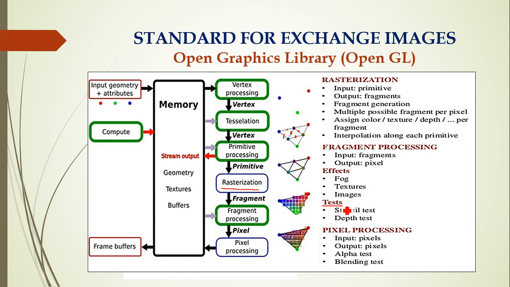Stencil test means in your RAM, in your random access memory, there will be certain buffers, similar to the frame buffer; we'll discuss what is meant by frame buffer. This frame buffer is of course available in your RAM.